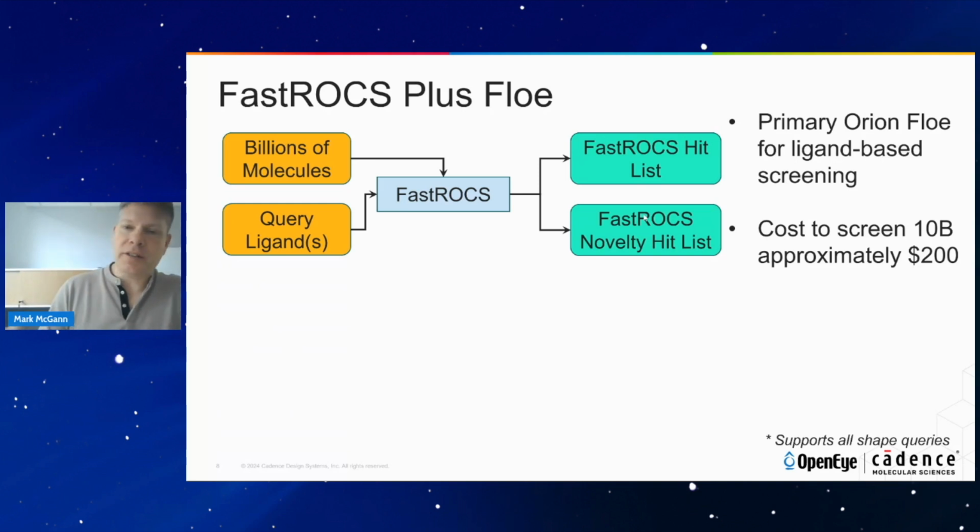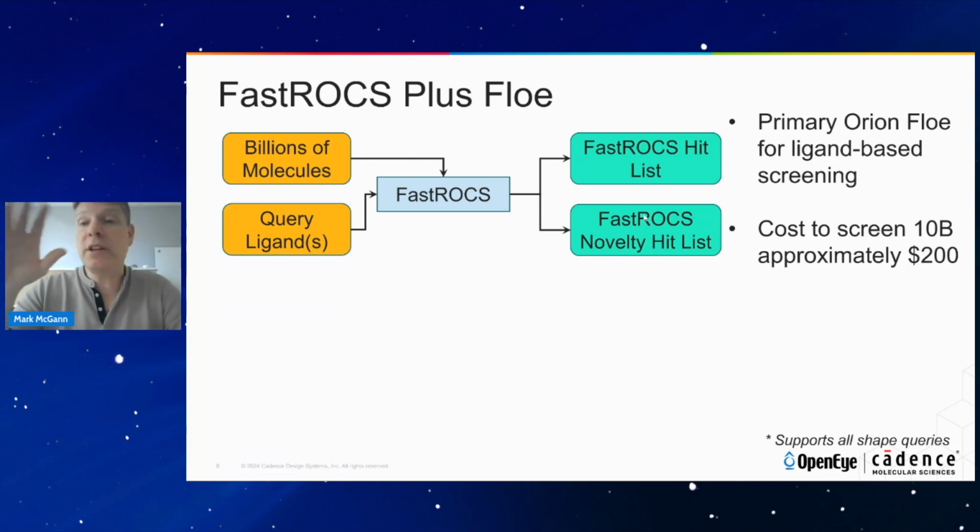And it does this calculation, and you get an output hit list that by default is 10K, but you can make up to 100,000 molecules if you want. And you also get this novelty hit list, and I'll explain what that is in a little bit. But this is really the primary ligand-based flow for doing screening in Orion. The cost to screen 10 billion molecules, which is currently our largest vendor collection, Enamine, is approximately $200.